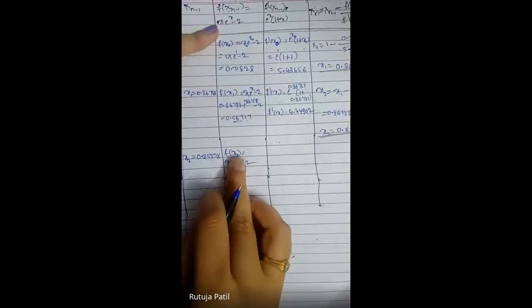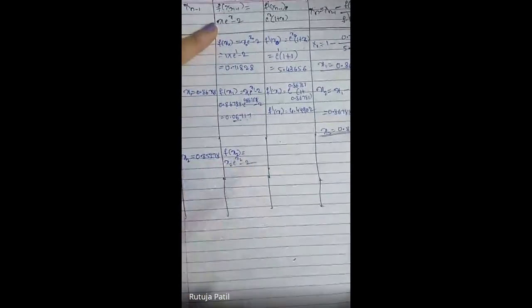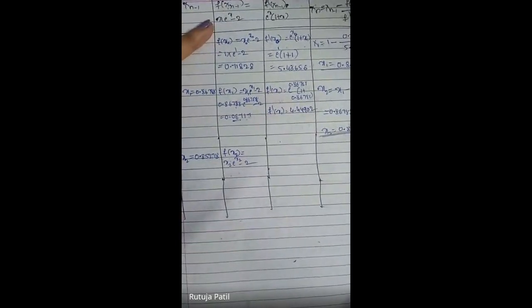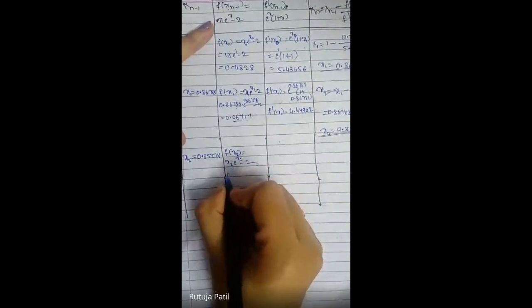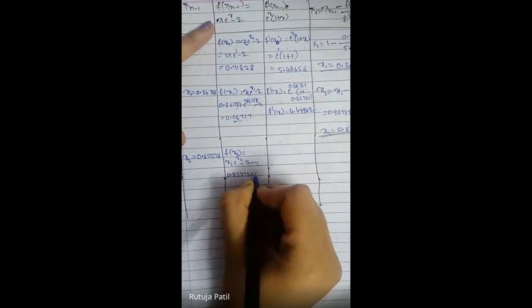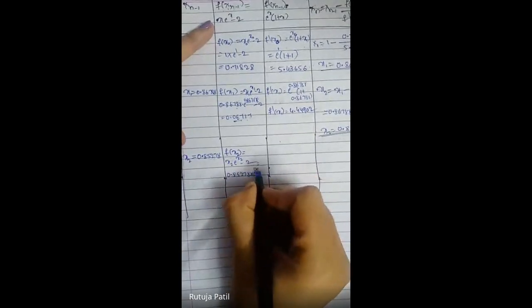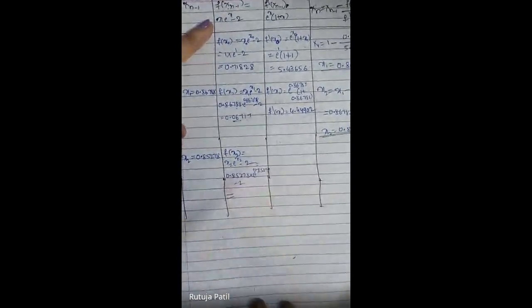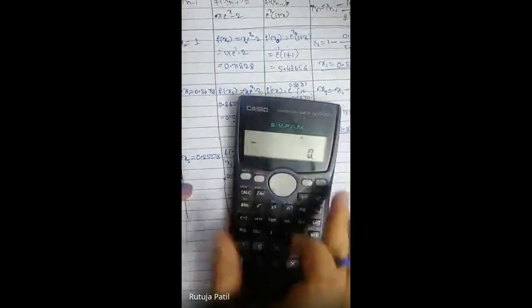So to find f of x2, we have to substitute the x2 value in the equation. So when I substitute, x2 is 0.85278 into e to the power 0.85278 minus 2. So let's do this.